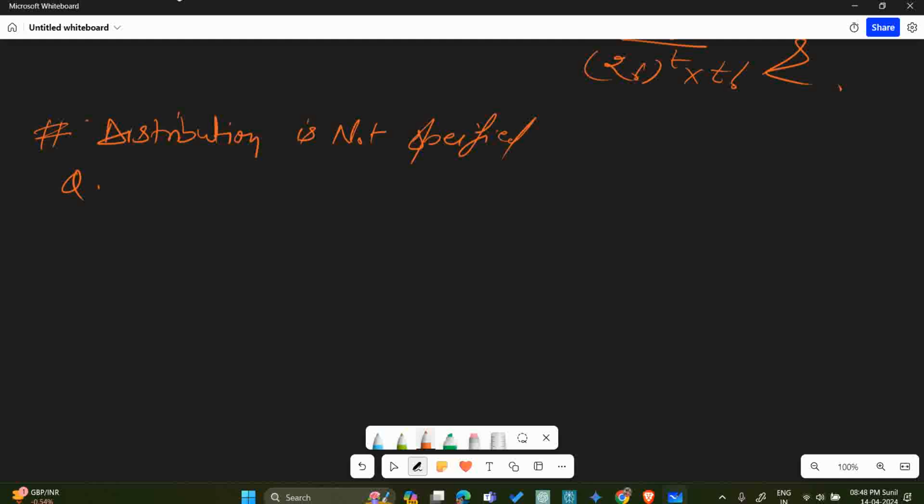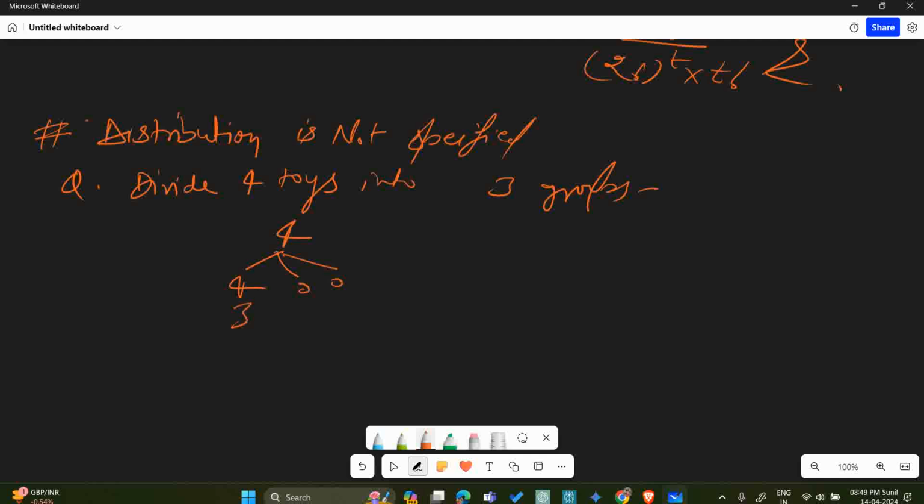Question is: divide 4 toys into 3 groups. We have to put 4 0 0, and 3 1 0, and 2 2 0, and 2 1 1.